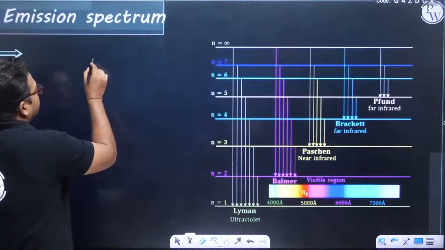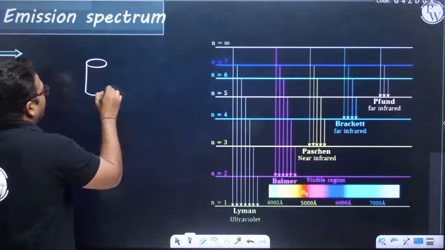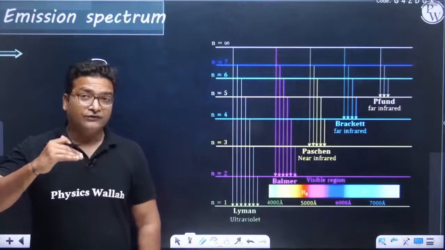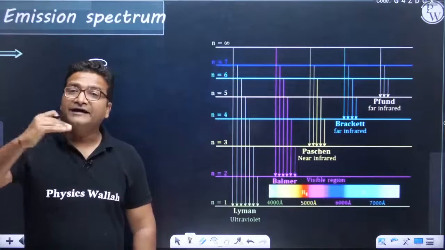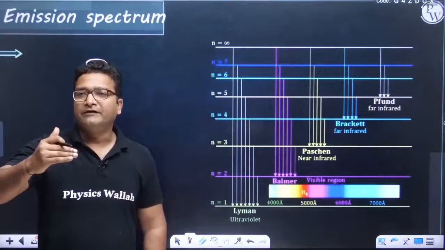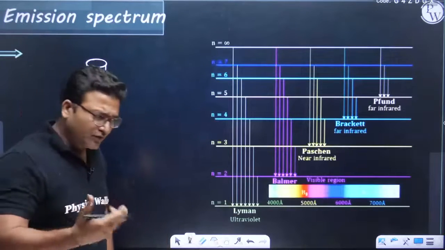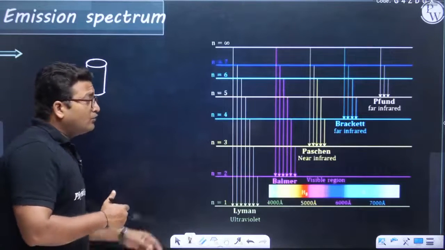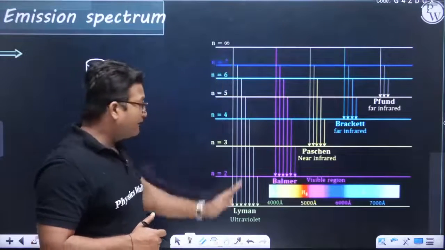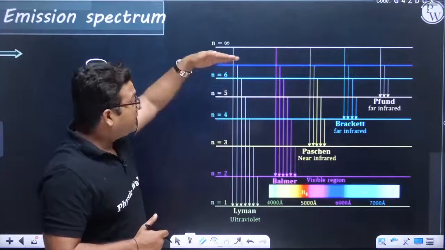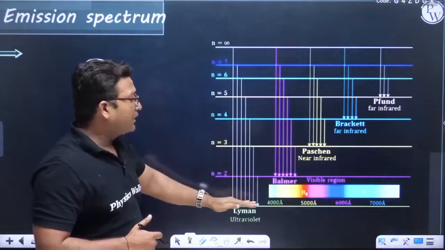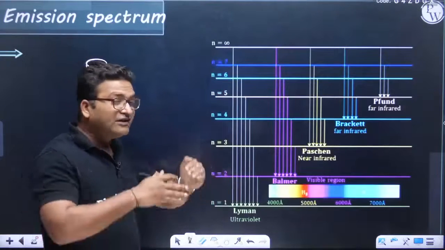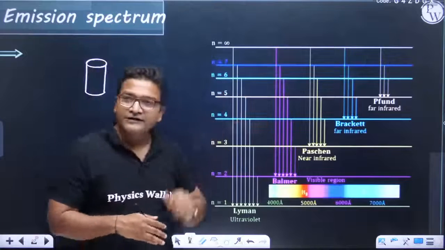Suppose we have hydrogen gas, and because of absorption of a photon or something, the electrons of the hydrogen atom got excited into some excited level. Let us say n equals 3, 4, 5, any level. Electrons go to a higher energy level only from the ground state, remember that, but they come down to the ground state directly or by splitting their journey into other states.